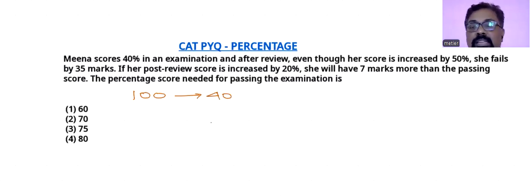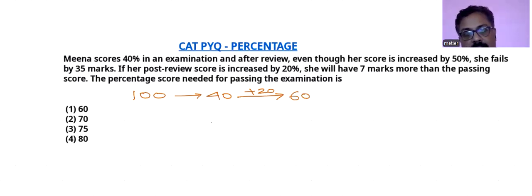Now her score increased by 50% of the initial score. So 50% means half. Half of 40 means her score increases by 20. So the new score is 60.